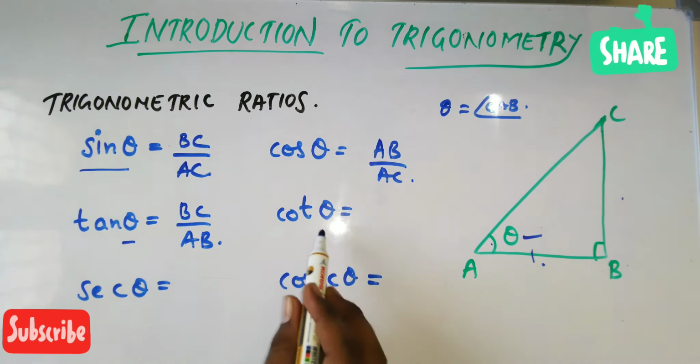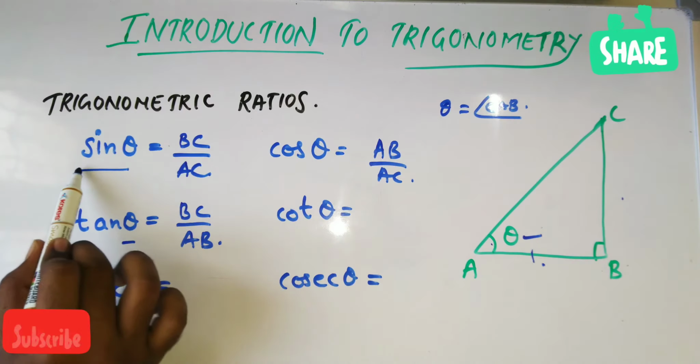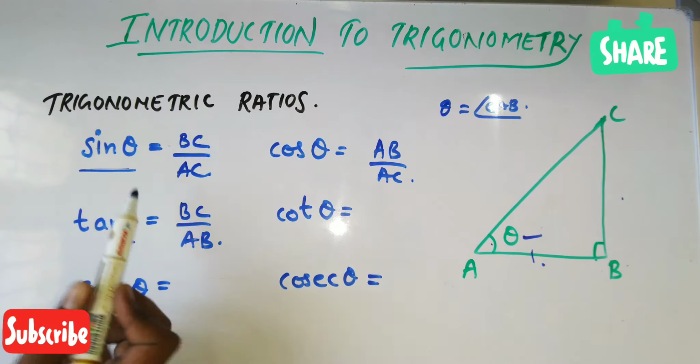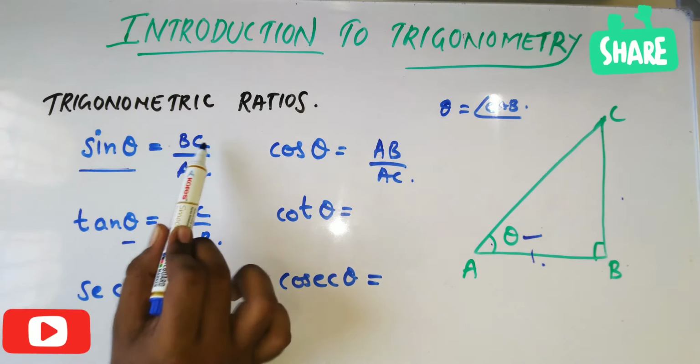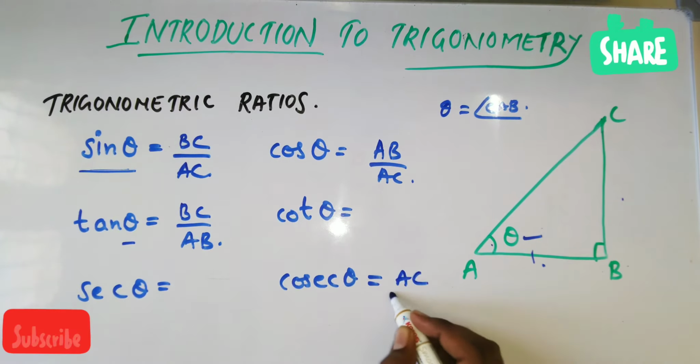Now the other three you can write without looking at the triangle. If we have sine theta as BC by AC, the reciprocal of sine theta will be cosecant, that is AC by BC.